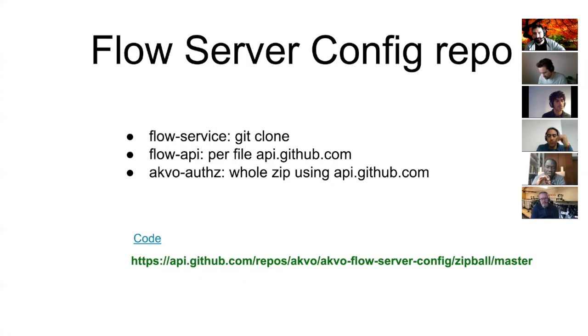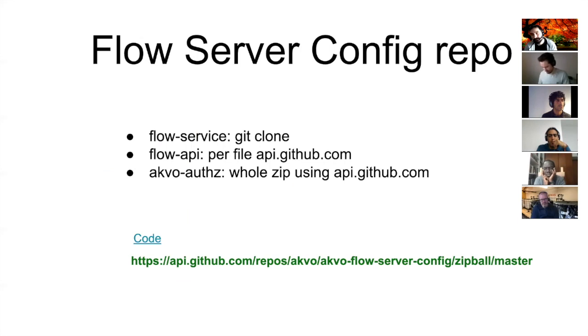This is just to look at the three different ways. In Flow services, we decided to use git clone and do git update to actually get the configuration. In Flow API, we actually use the GitHub API with some GitHub token to get the files that we need.